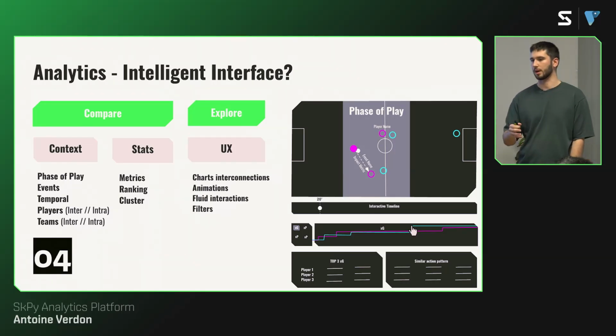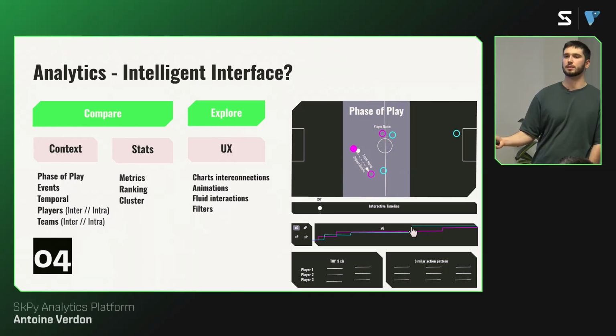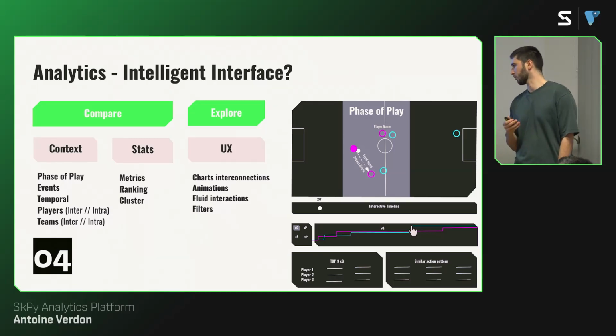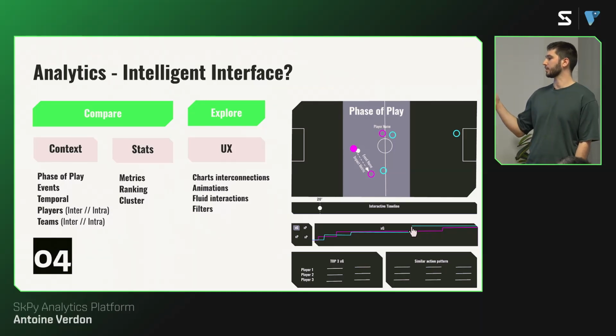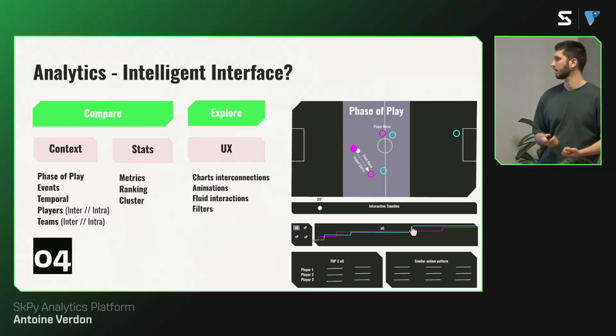Like if you want to compare two players, or the player himself against the last six months, on a specific phase of play or specific events. So you must create a simple interface with interactivity.